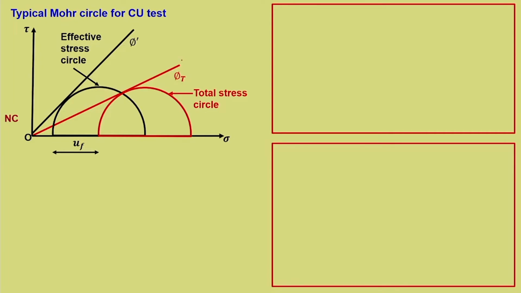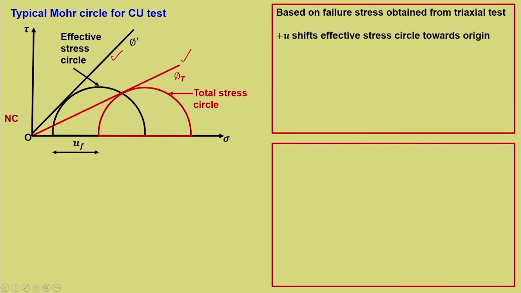Now, what is the implication of this line and this line? Let us see. Based on failure stress obtained from triaxial test, we have plotted this, plus u, because u shifts the effective stress circle towards origin, because we are subtracting it from the total stress.